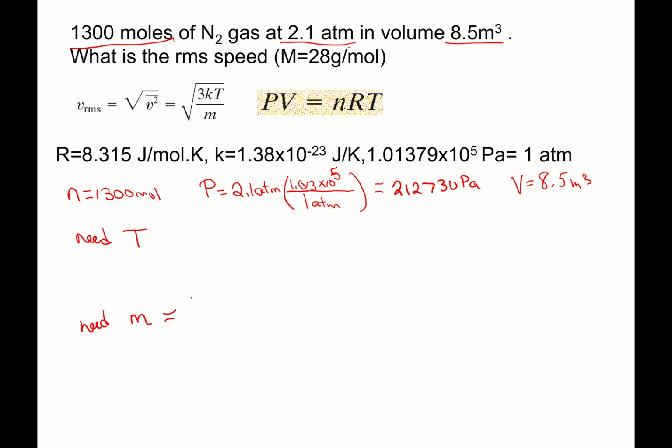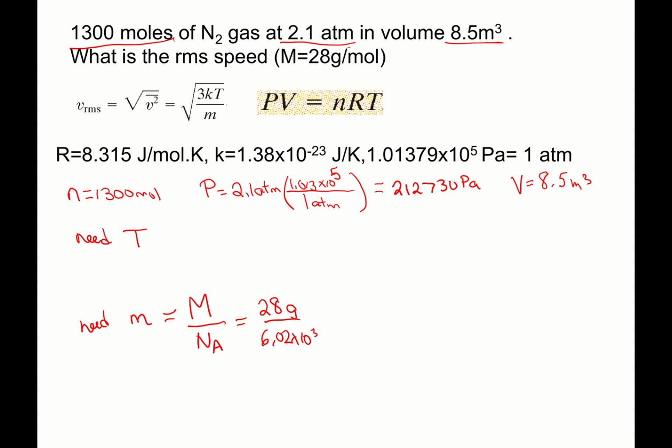Well, the mass per molecule is just the molar mass divided by Avogadro's number, right? If I know the mass per mole, I divide by how many molecules per mole, and that should give me how much per molecule. So that's going to be 28 grams divided by 6.02 times 10 to the 23.